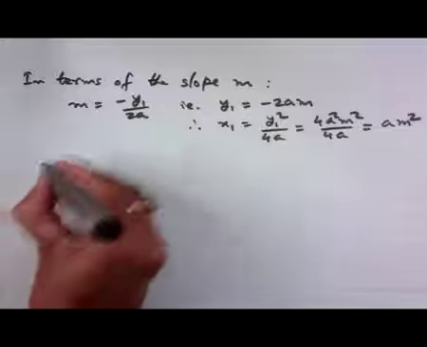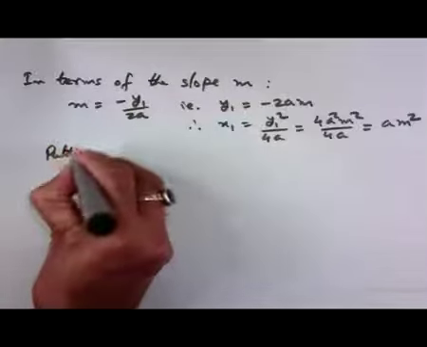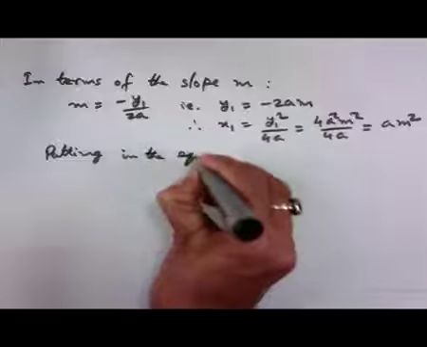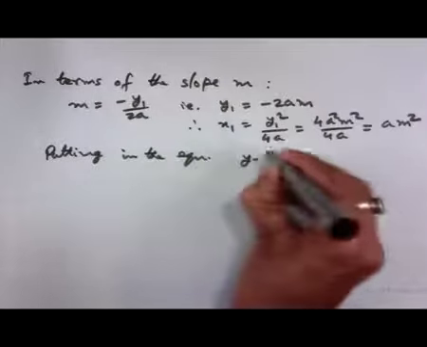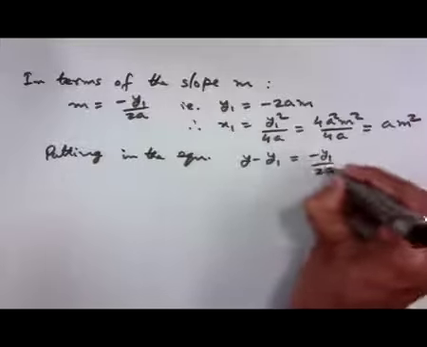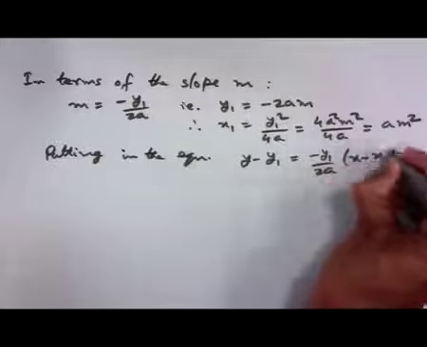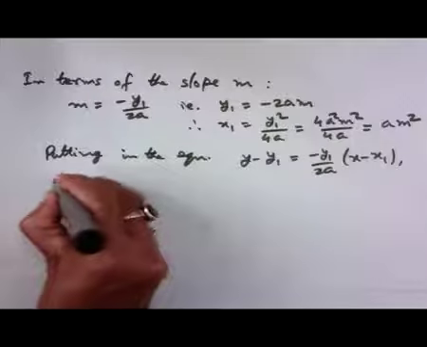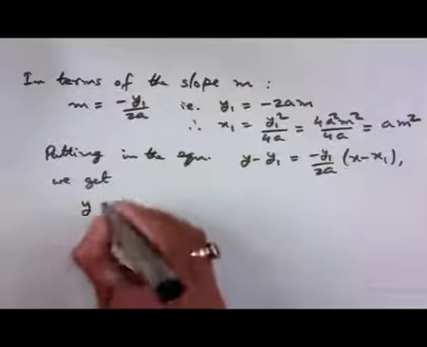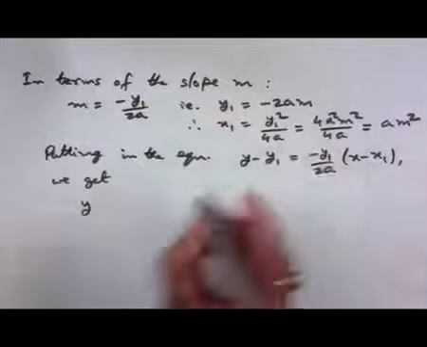So, putting in the equation for normal, which is y minus y 1 equal to m, minus y 1 by 2 a times x minus x 1, we get y minus y 1 is minus 2 m.